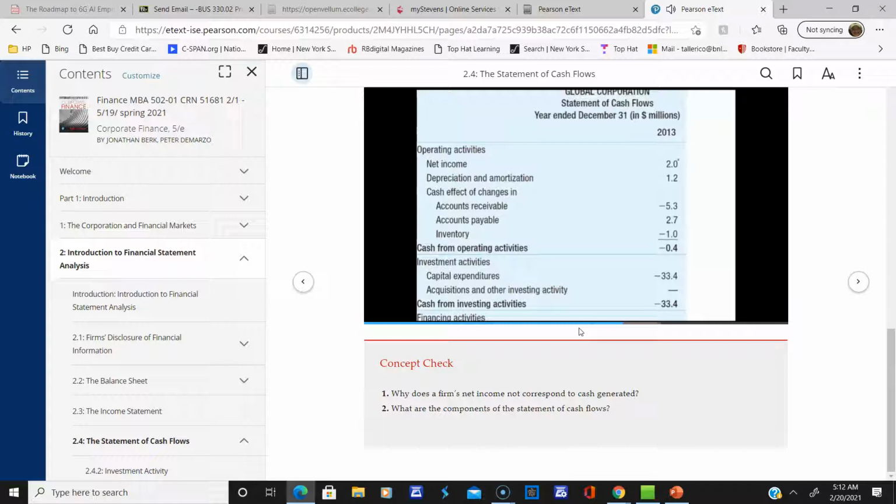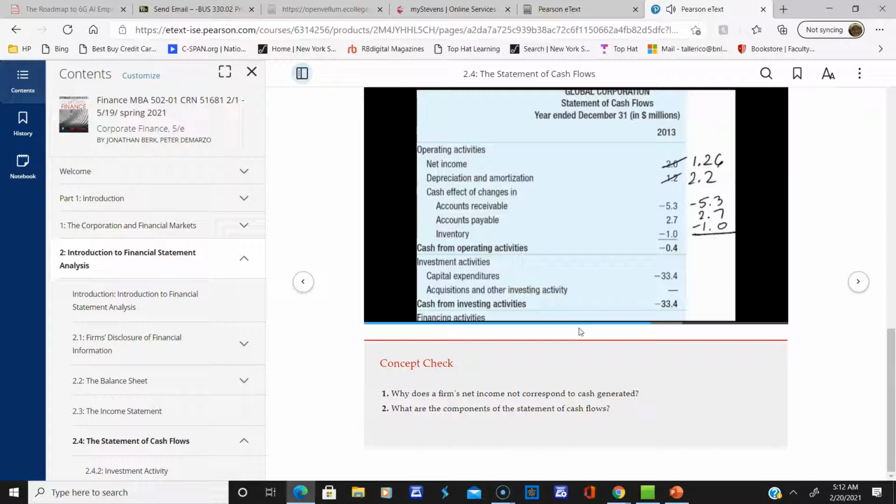So if we go to the statement of cash flows, what's going to happen here? Well, our net income is not 2 anymore. Now it's 1.26. But our depreciation and amortization is not 1.2, it's 2.2. These all stay the same, negative 5.3, 2.7, negative 1.0.